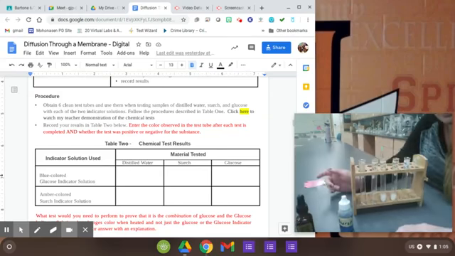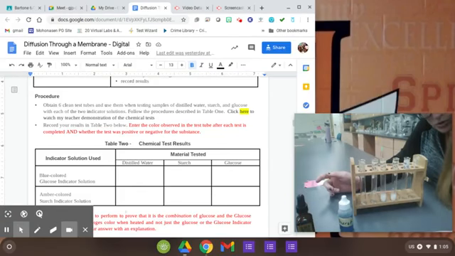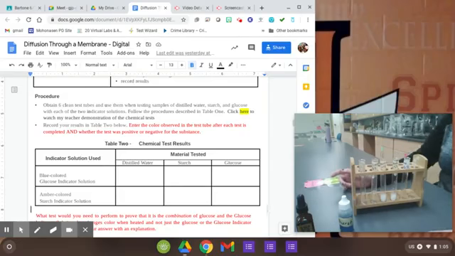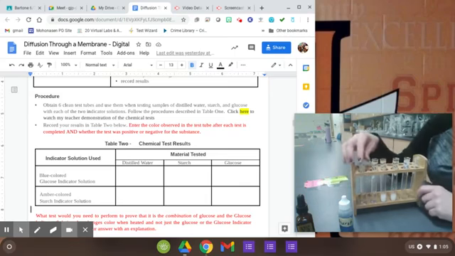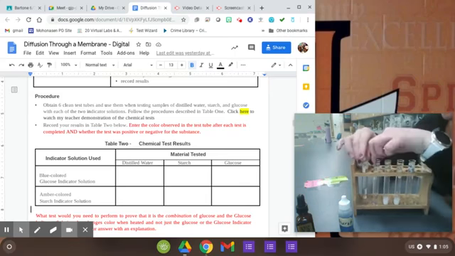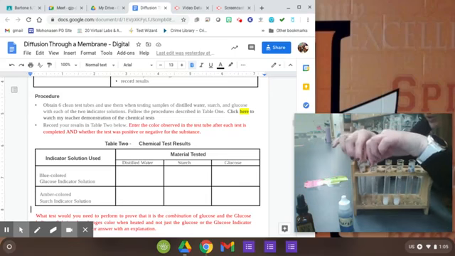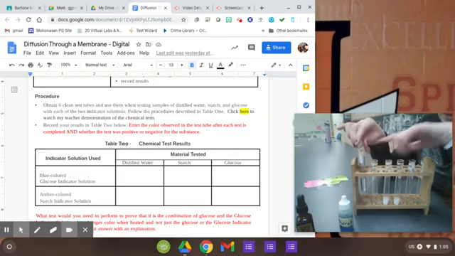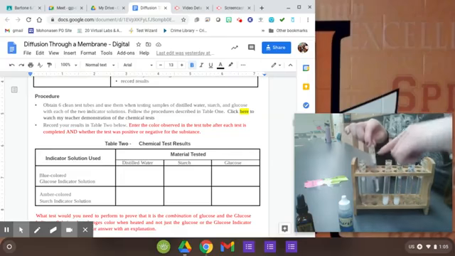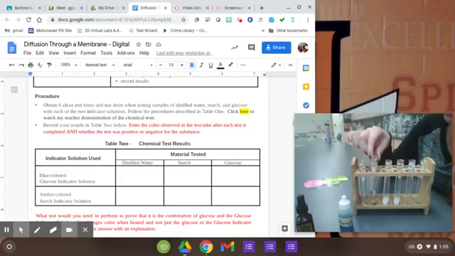Here you can see the chart that you're going to fill in as we do this. Basically we're just trying to figure out what would happen if and when. I have 2 test tubes for distilled water: one says distilled water with SI, starch indicator, and this one says distilled water with GI, glucose indicator.